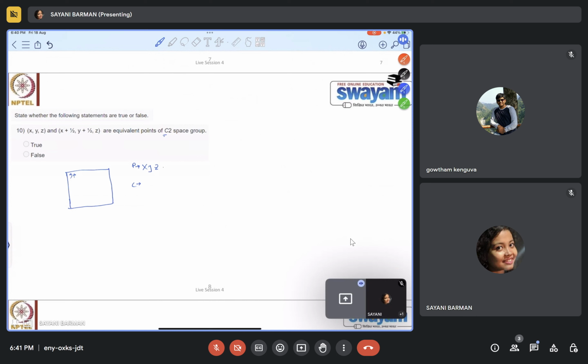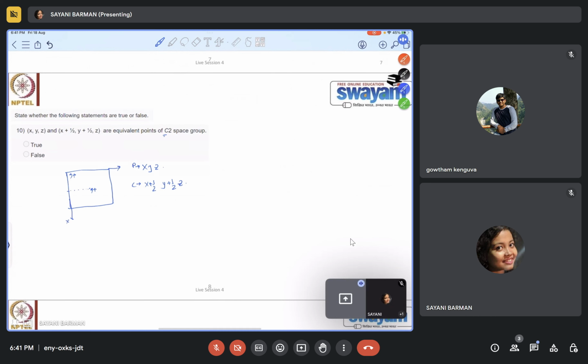But for C centered lattice, there is one point here also, and it is denoted as X plus half, Y plus half, Z. Let's say this is the x direction, this is the y direction, half along x, half along y also. So this is x plus half, y plus half, z.